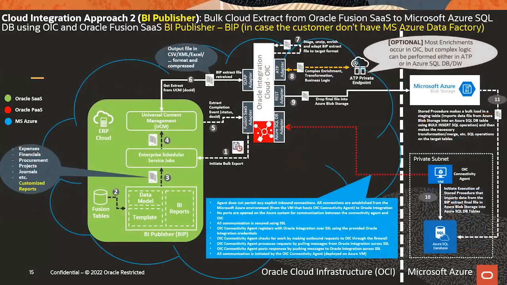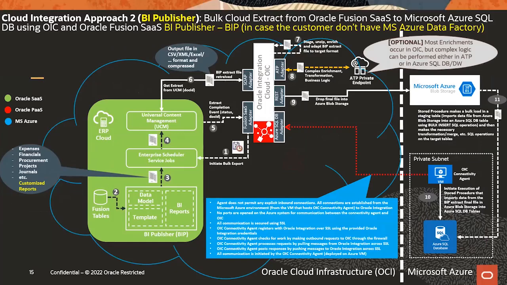The same approach, but as you know, ERP and Fusion SaaS applications have the capability to extract information using BI Publisher. So it's the same approach, only that it is not event-driven. In this case, we can use the Fusion SaaS adapter, let's say the ERP Cloud Adapter, to extract information using the BIP schedule service.